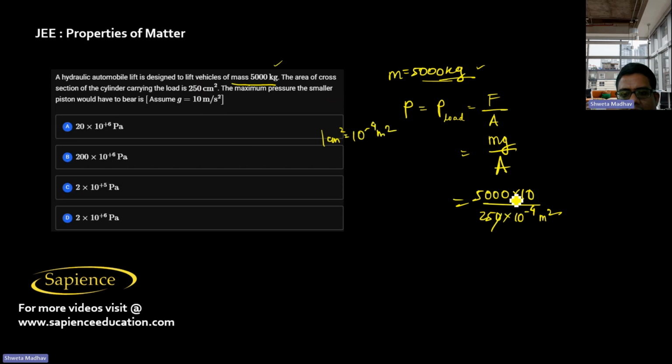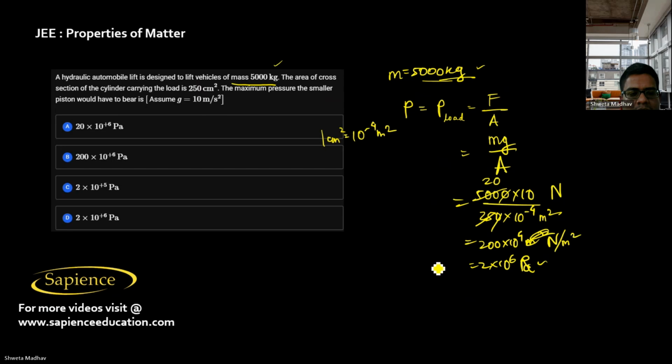So 250 will cancel, 5000 by 250 is 20, so 200 by 10 power minus 4 meters square, which is equal to 2 into 10 power 6 Newton per meter square, or 2 into 10 power 6 Pascal, which is option D, the correct answer.